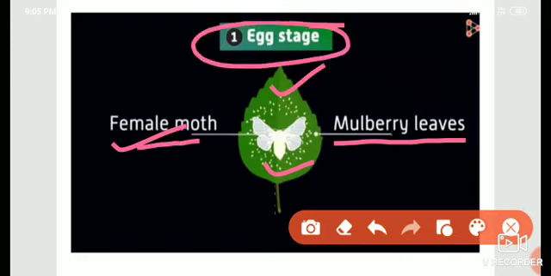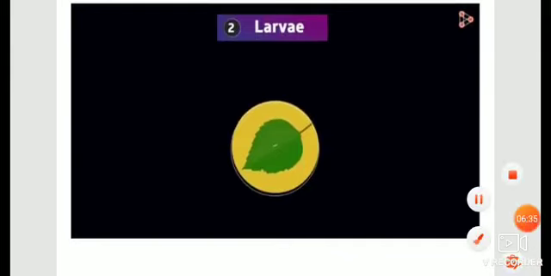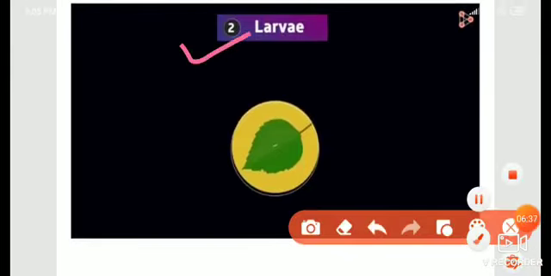Okay, students. Now this is the second stage, larva. You can see the structure of larva here.